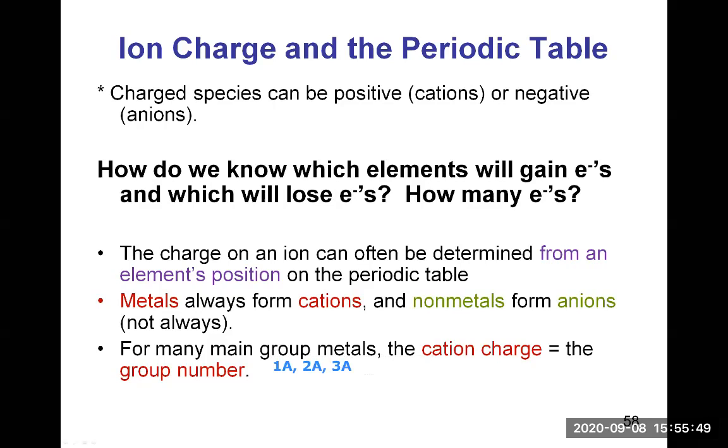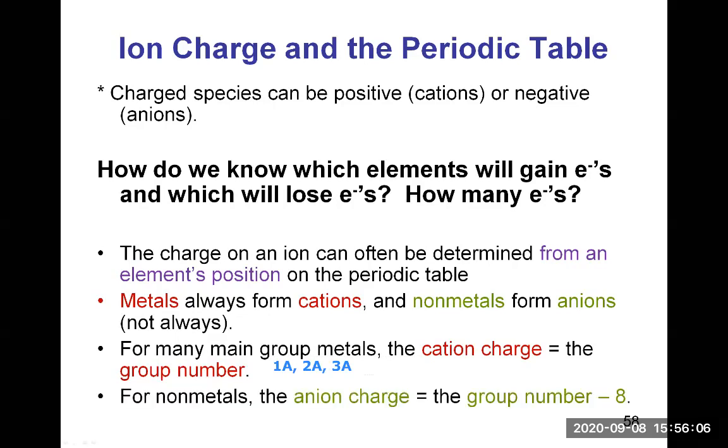So all metals from 1A, 2A, and 3A groups will just have the same number of charge as the group number. And then for nonmetals, the anion charge is equal to the group number minus 8. So nonmetals, maybe you've noticed, they are all part of the main group elements, because it goes from 3A to 8A.